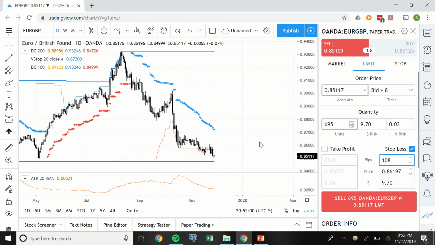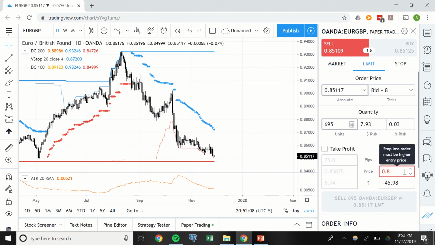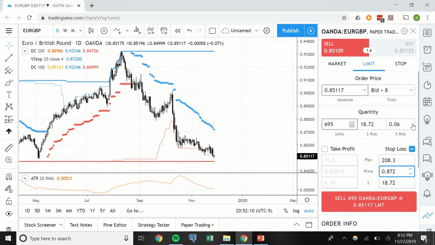It should be, let's use the volatility stop instead at 0.872. Sorry, that's 208.3 pips, which would be about 4 times the 52 that we see at the bottom. So that's the price where our stop is going to be.